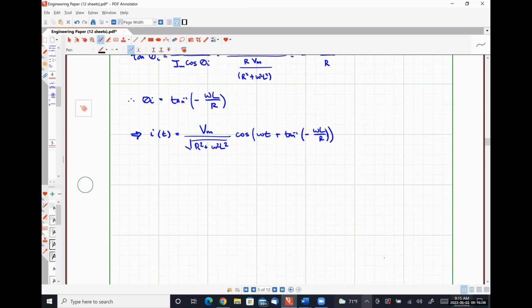I get 0.784 cosine omega t, so let's call this 2t, and then I have the inverse tangent of omega, which is 2, times L, which is 1, over R, which was 10.